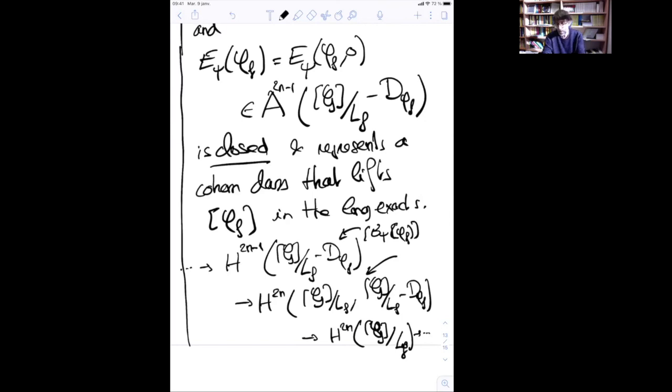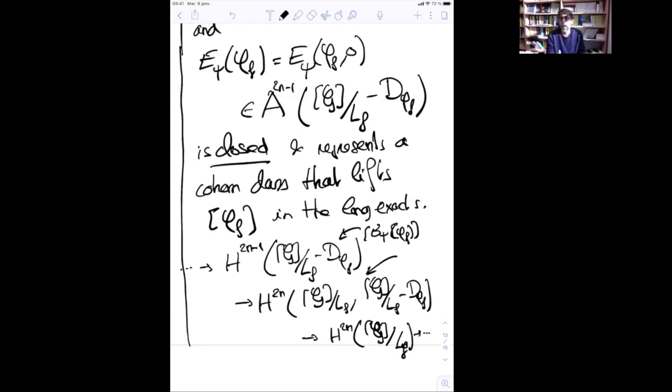It's a closed form of degree 2n minus 1, and that defines the cohomology class here. And how you should think of it here is precisely the average of eta with respect to the lattices corresponding to phi f. So this is here that there is the average of eta, and it lifts the Thom class here.